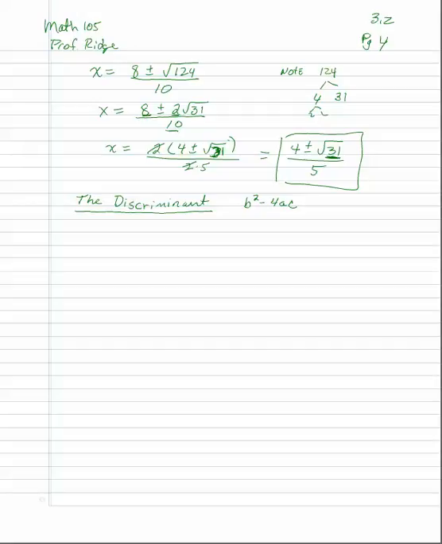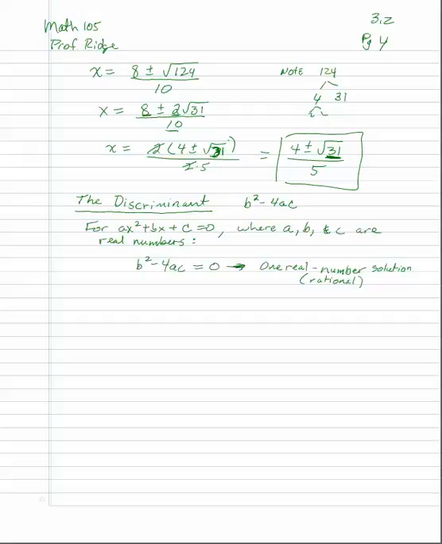If the square root of 31 doesn't simplify, you get an irrational solution. If that radicand was, say, square root of negative 5, then you would have an imaginary number. So the radicand is called the discriminant, b squared minus 4ac.